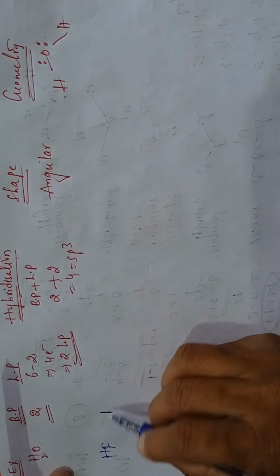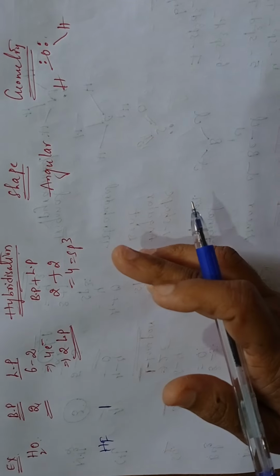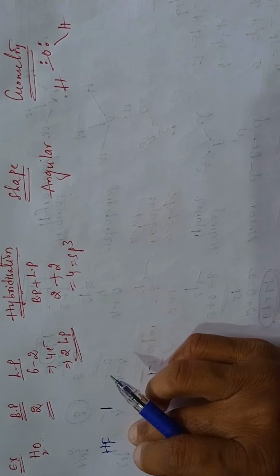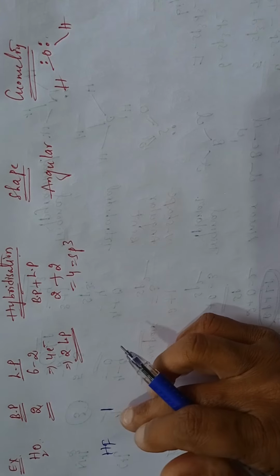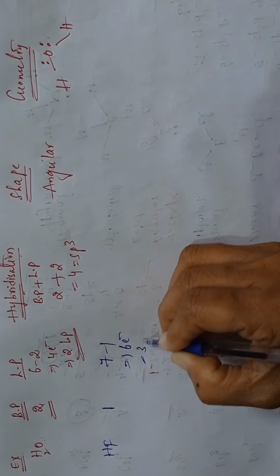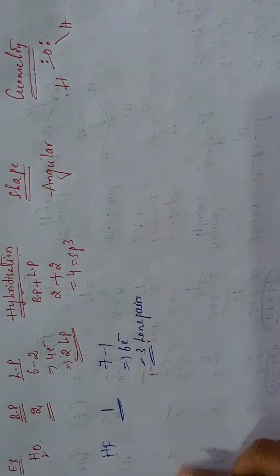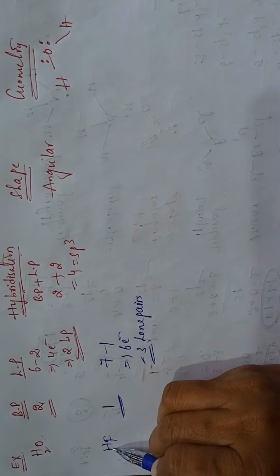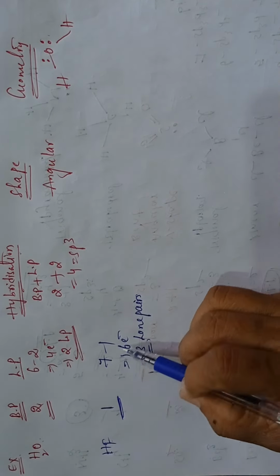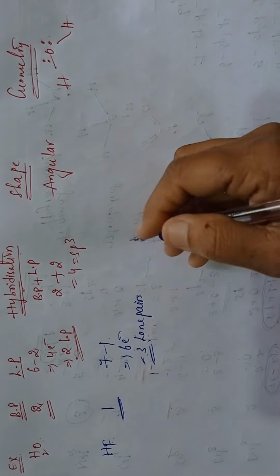And how many lone pairs are there, students? Fluorine valence electrons, how many? Fluorine is a 7th group element, 7 valence electrons. So 7 minus 1, 6 electrons means 3 lone pairs. Are you clear? 3 lone pairs are there. This is one bond pair, because only one hydrogen atom is attached to fluorine.